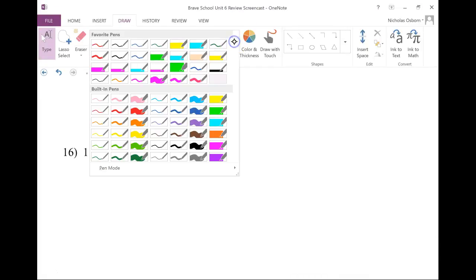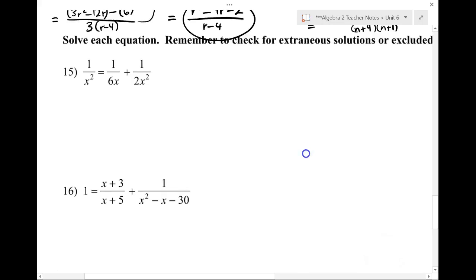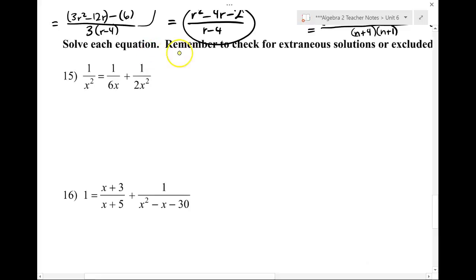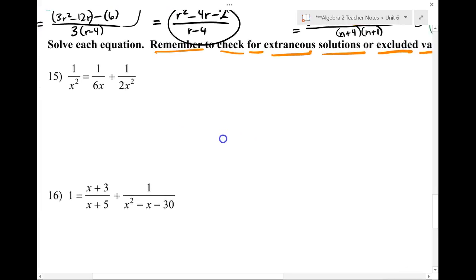So, before you start any of these problems, you need to remember, look at the instructions, remember to check for extraneous solutions, or what we also call excluded values. Point of discontinuity, if you remember when we were graphing. Okay, it's all the same.